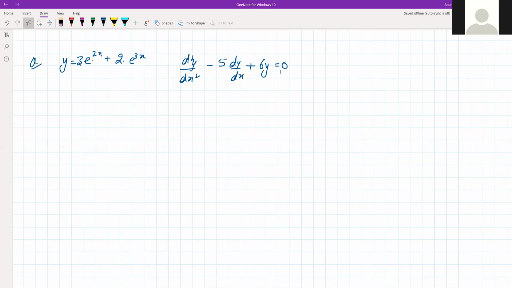So we'll go normally. In the final expression we have d square y and dy by dx both. So that gives us a hint that we have to start finding the differentiation.